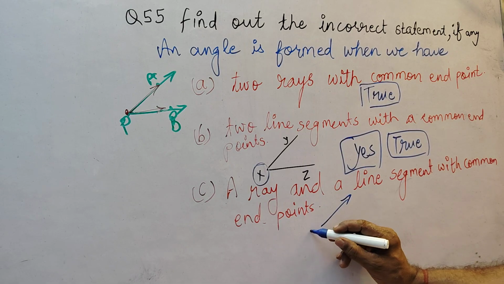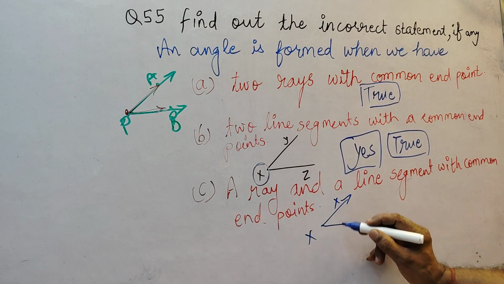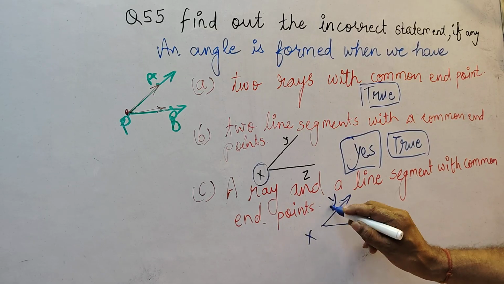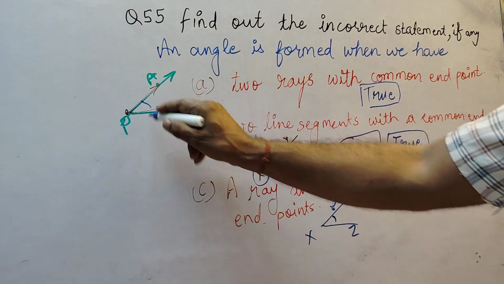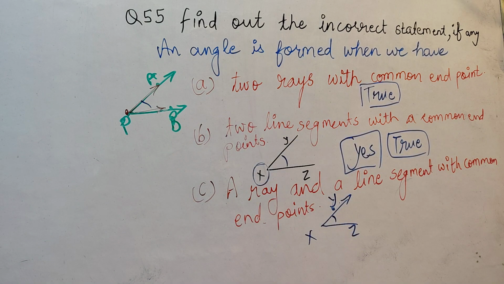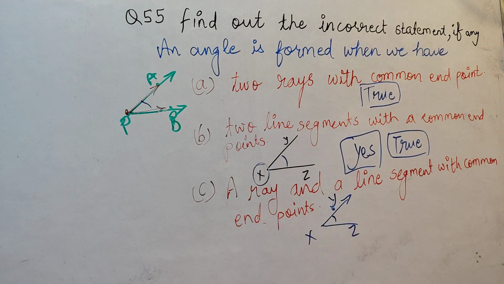This is the ray and this one is the line segment, and this is the angle in all the three cases. This also forms an angle because in all three situations they have one common point. The common point is the vertex of the angle.